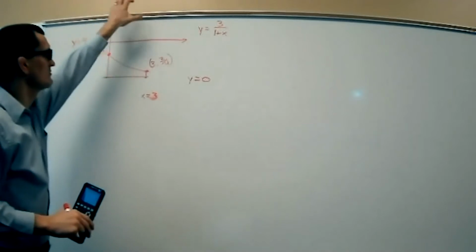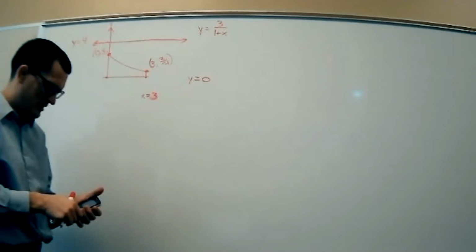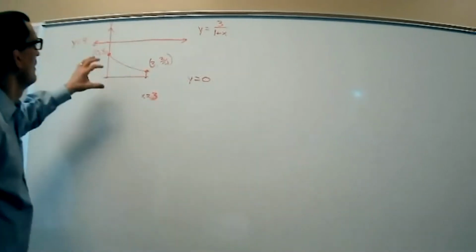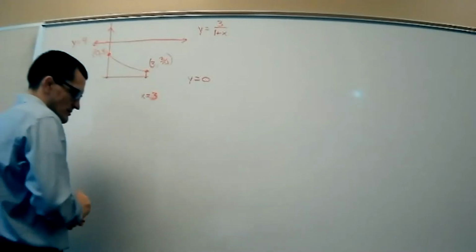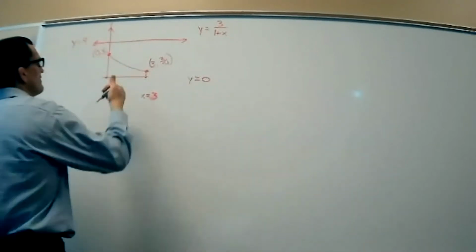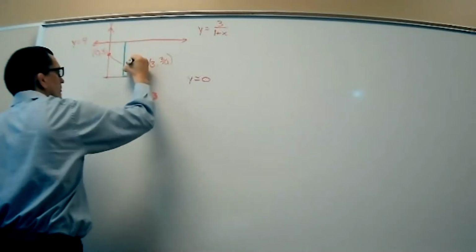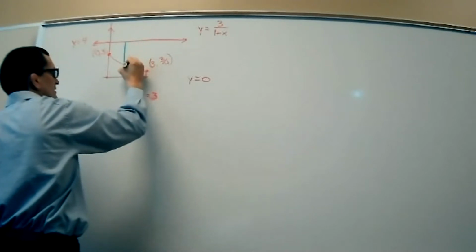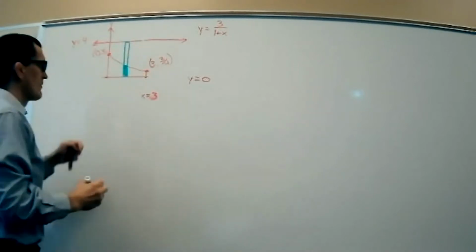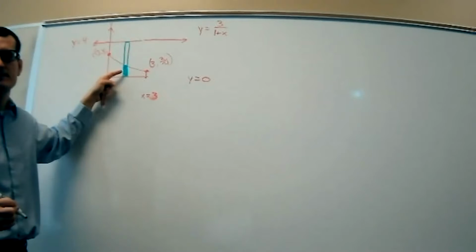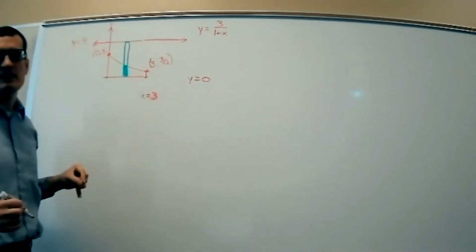Ghost image is not an official term, but I use that term a lot. The rectangle that I really want is the one I've shaded in green. I want that piece rotating around so I can calculate that value.